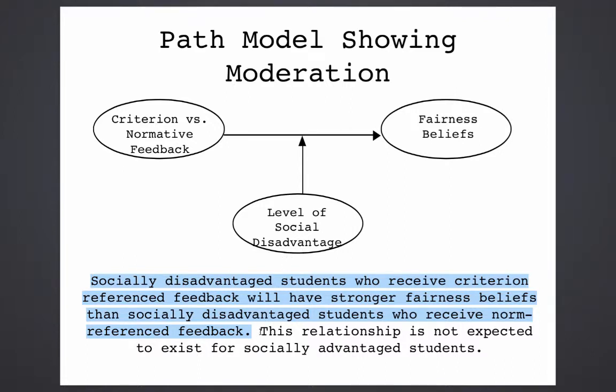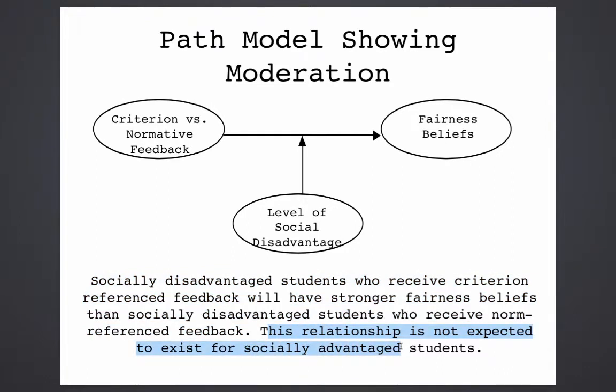The second sentence tells us what we expect to see for the socially advantaged students. So the relationship is not even expected to exist for socially advantaged students. So the moderation is to say that you must be socially disadvantaged for us to be able to see this effect at play.